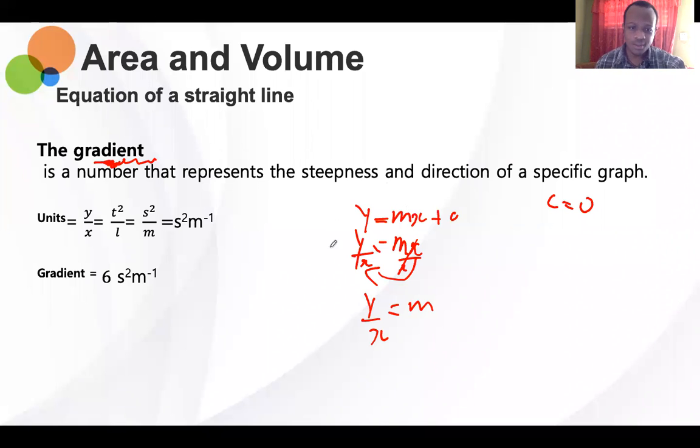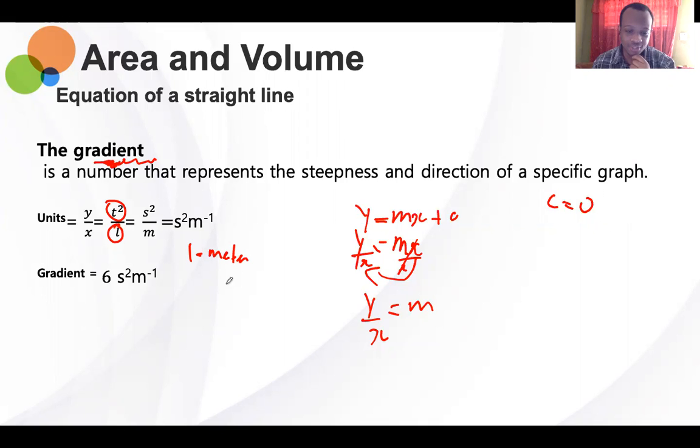Now, remembering our same graph, we said that y is period squared, which is t squared, and this is our L. The unit for L, length, is of course meters.